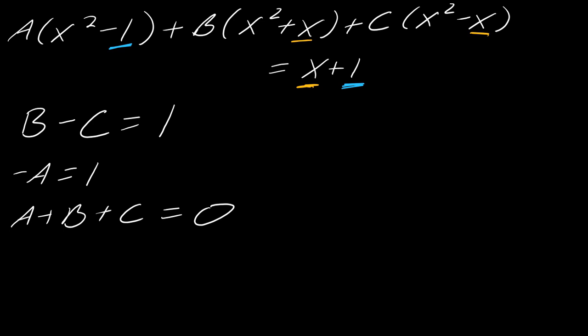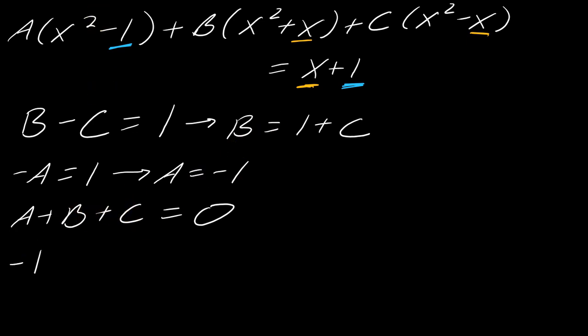Okay, so the good news is that we've already solved for a, right? So from negative a equals 1, what we get right away is that a equals negative 1. So now I can just solve this b minus c. So this will be b equals 1 plus c. So let's see what happens if I put all this information into this equation here.